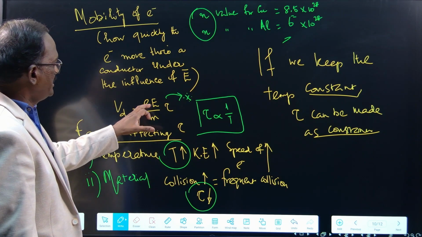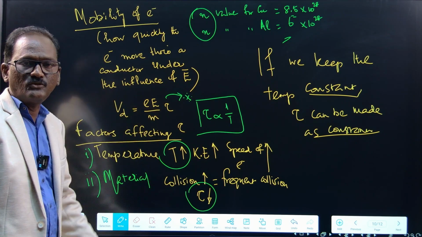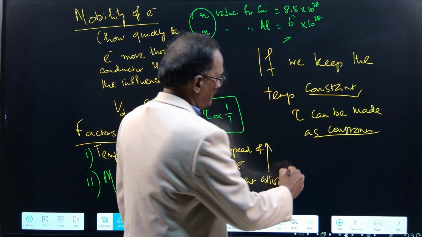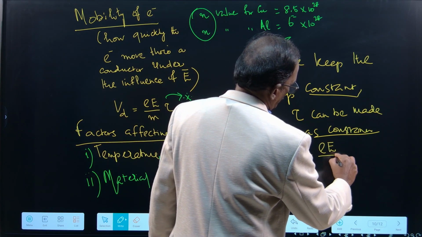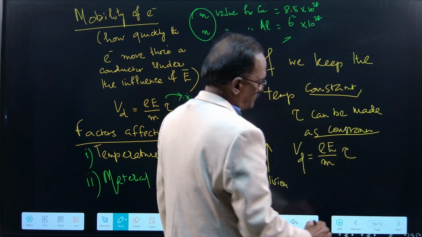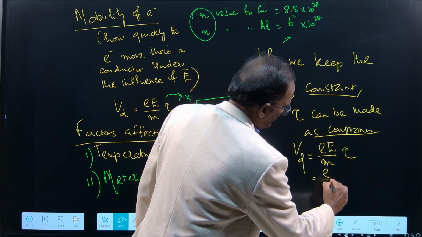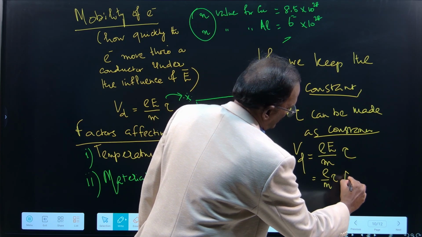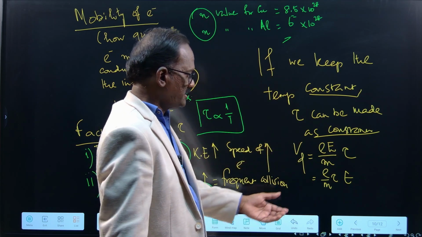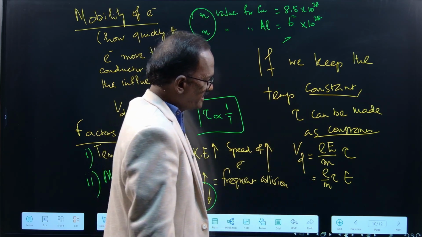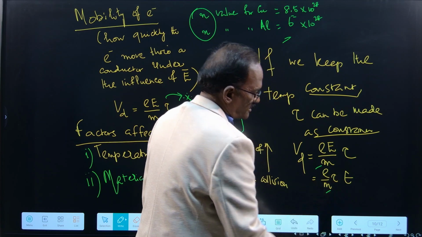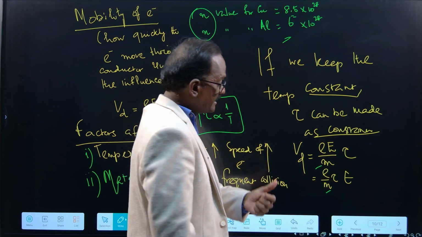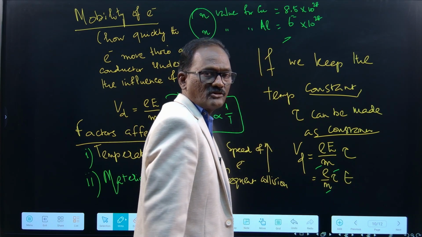Come to this equation. Vd is equal to eE by m into tau, right? Let me write e by m, tau and E. I am just bringing tau inside. e is constant, m is constant. Now after keeping the temperature constant, tau is also constant.